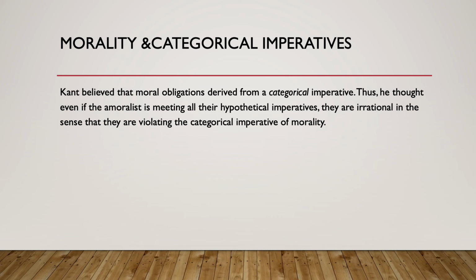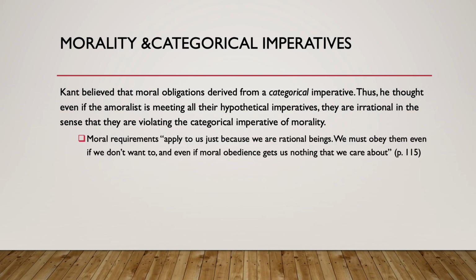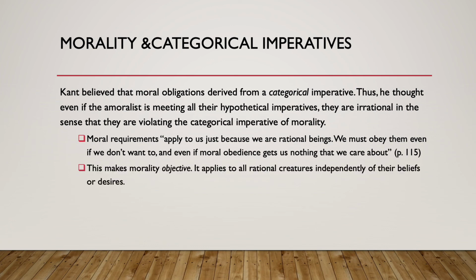Thus, he thought even if the amoralist is meeting all their hypothetical imperatives, they are irrational in the sense that they are violating the categorical imperative of morality. So moral requirements apply to us just because we are rational beings. We must obey them even if we don't want to, and even if moral obedience gets us nothing that we care about. And that makes morality objective. It applies to all rational creatures just because they have reason, independently of their beliefs or desires.